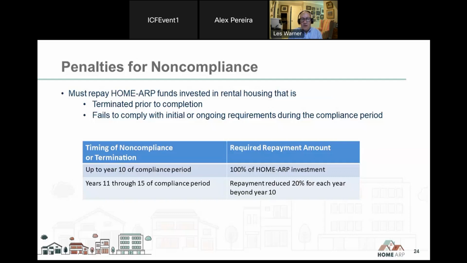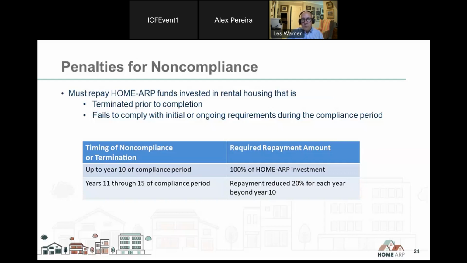But if our project completes a full 10 years and is now in year 11 through 15, if that project was in non-compliance for failure to meet those ongoing requirements, then we do have this proration that is allowed, which is something we don't have within the regular HOME program.